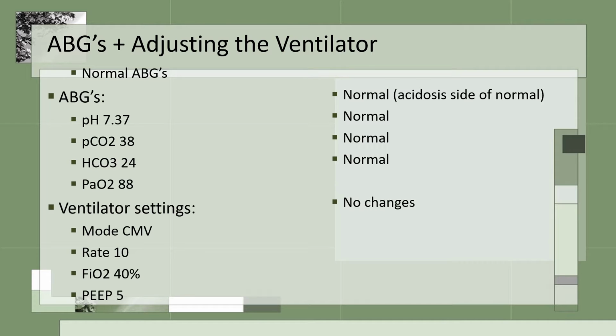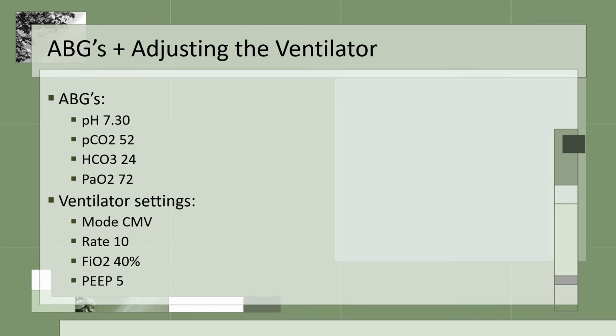Their rate is 10, their FiO2 or supplemental oxygen is at 40%, and their PEEP is 5. If we were going to change something, it would only be the rate or the FiO2, and nursing would just suggest changes to the MD or RT. We do not change our settings for our patient. So interpret the ABGs first and then determine what you think you might need to change on those ventilator settings based on those results.